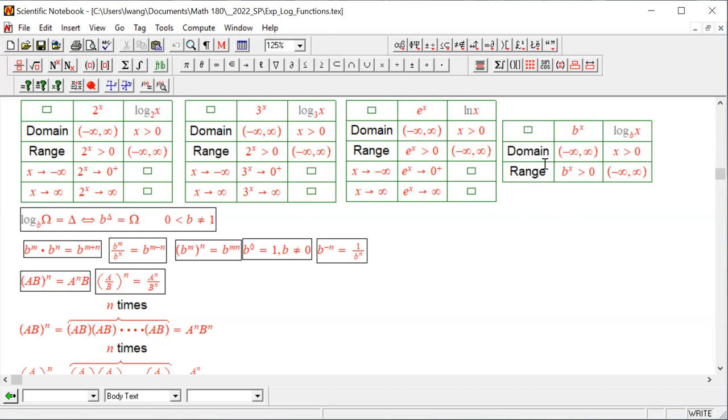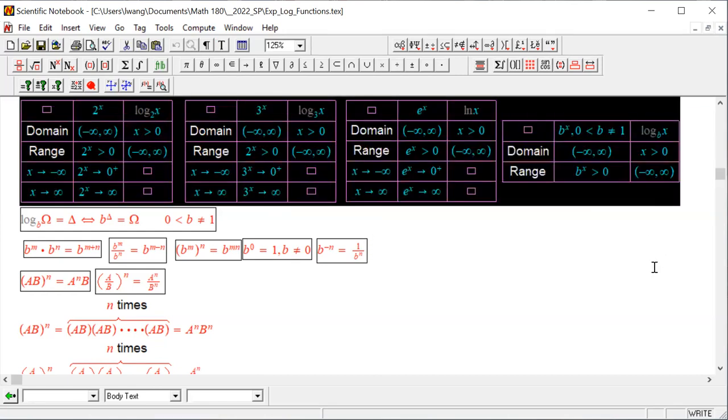So to be conservative, these two functions are inverse to each other, provided that b is larger than 0 and not equal to 1. So this is the general case.